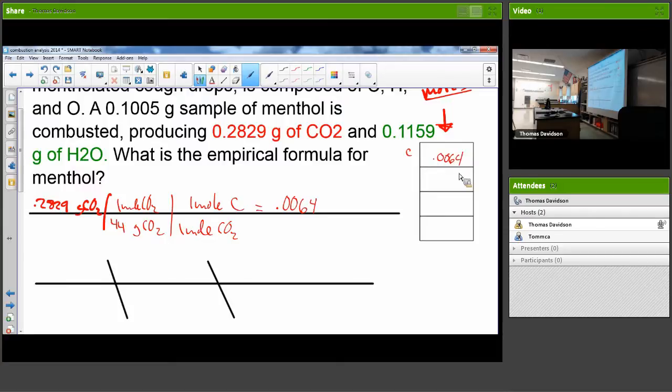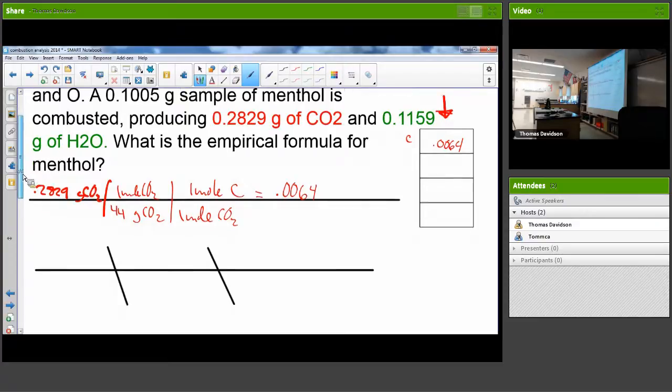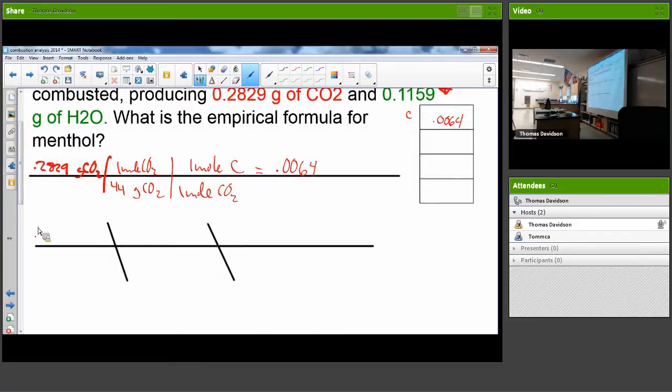I'm going to put that right here, just for me to keep track of where everything is at. Because I'm going to write a lot of stuff in this paper, right? All right, then I'm going to do the same process for water. 0.1159, and that's grams of H2O. I have 18 grams of H2O for every 1 mole H2O.